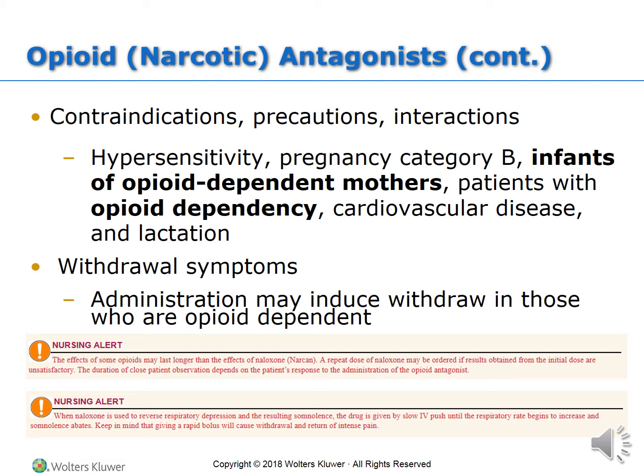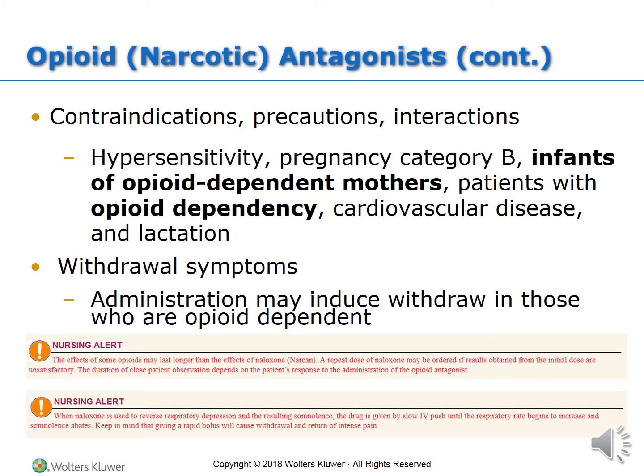The same goes for adult people that are opioid dependent. You don't want to just completely strip that opioid narcotic away from their system. They could enter into immediate withdrawal symptoms and experience significant pain if that's what they were self-medicating for or over-medicating for.